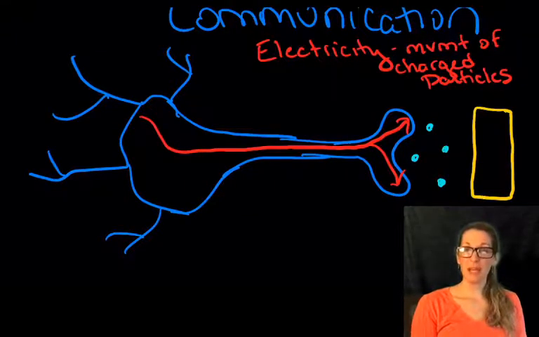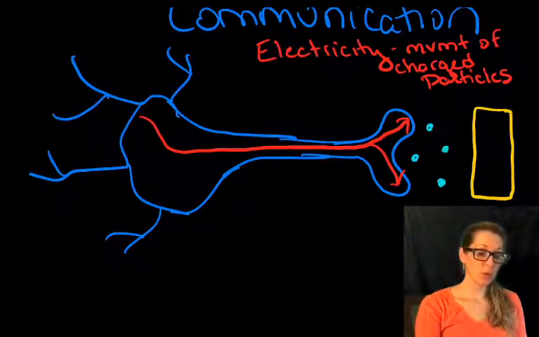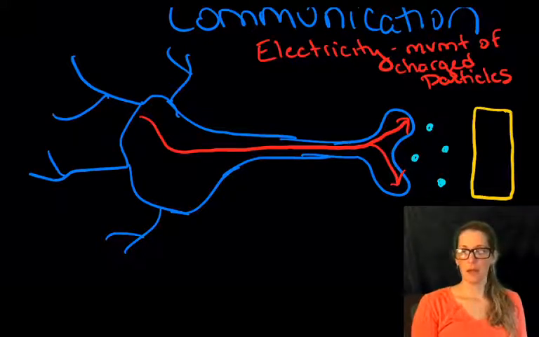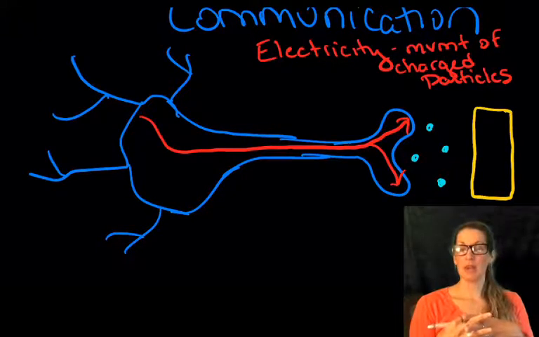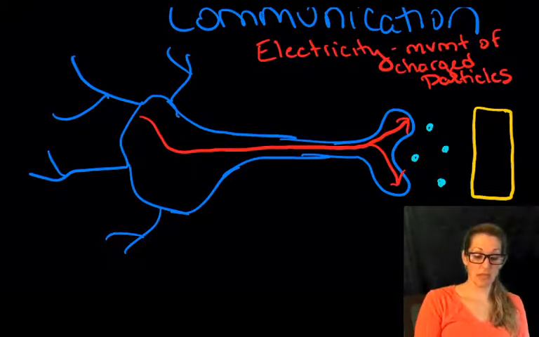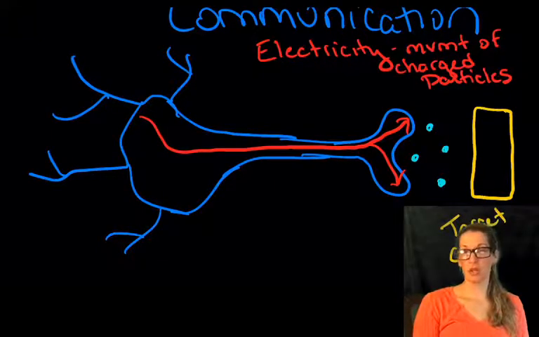I'm just going to remind you of a really important thing that we can't forget in any of our discussions: this target cell, which I've just drawn as a sort of box here. We're talking right now about the target cell being another neuron, but it doesn't have to be. It can be an endocrine cell. It can be a muscle cell. It can be so many different things.